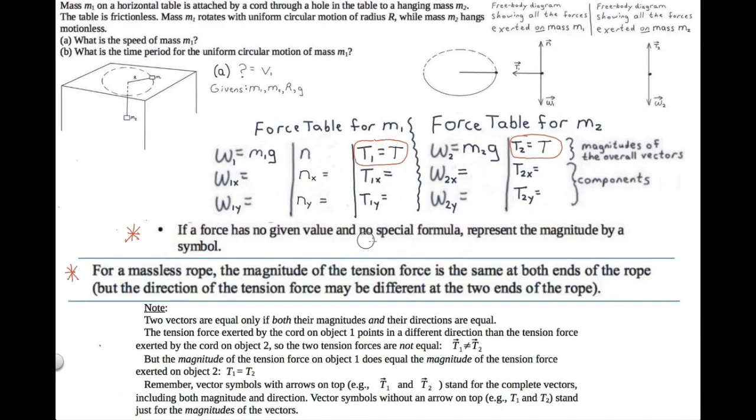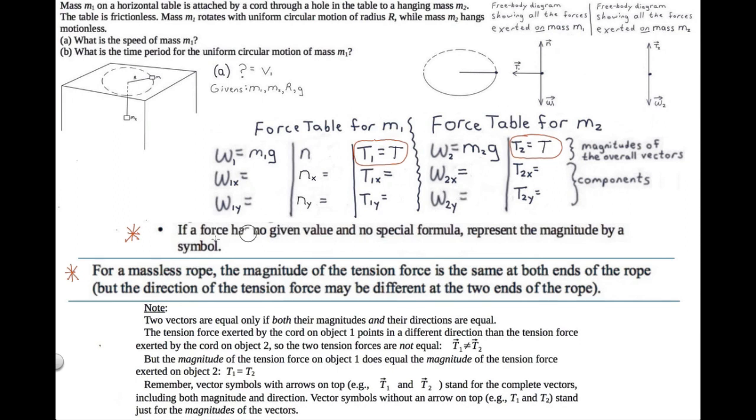There is no special formula for the magnitude of a tension force, so we represent the unknown magnitude of the tension force with a symbol. Because the magnitude of the tension force is the same at both ends of the cord, we can use the same symbol, capital T, written without an arrow on top, to stand for the magnitude of the tension force at both ends of the cord.